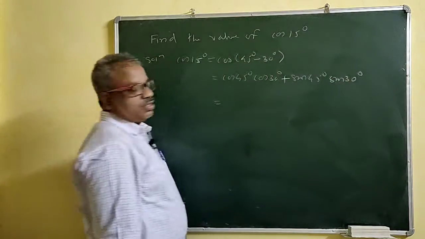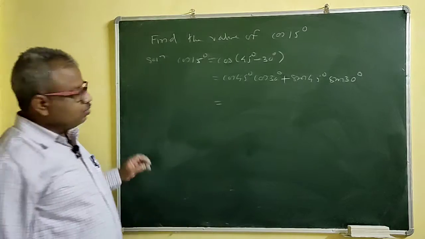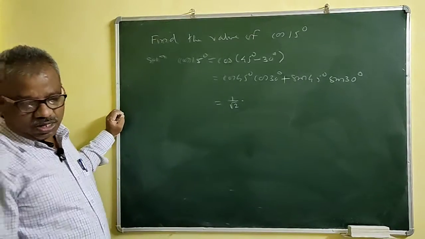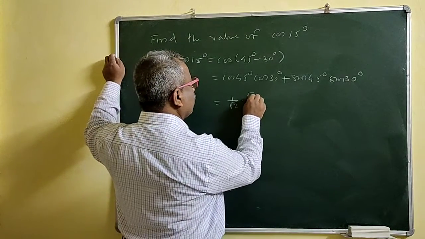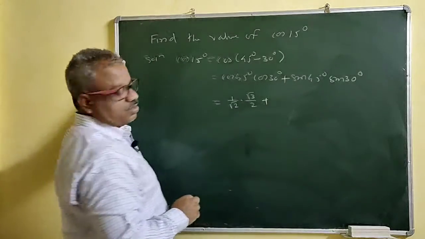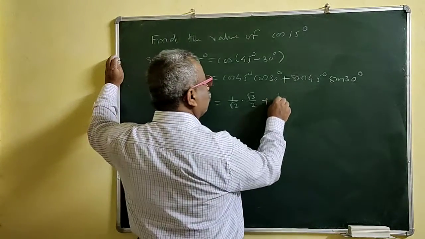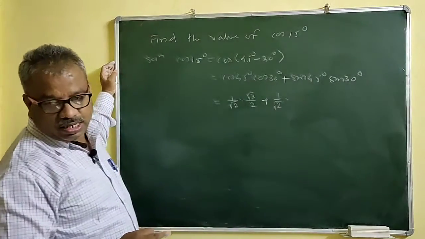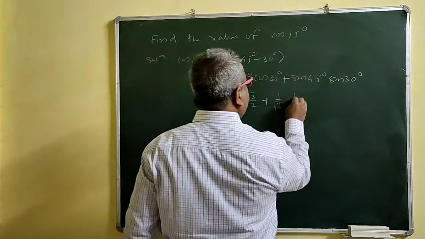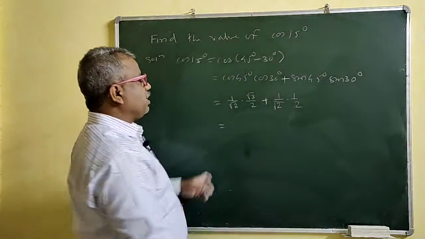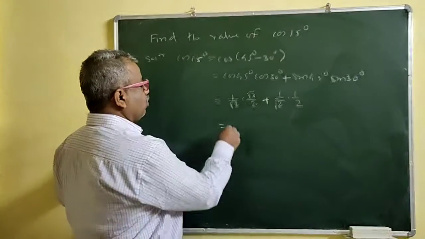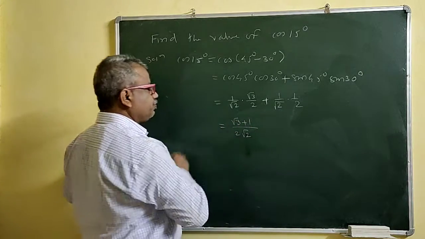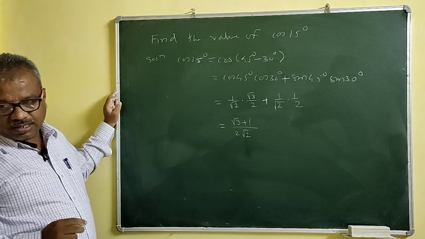Cos 45 is 1 by root 2, cos 30 is root 3 by 2, plus sin 45 is 1 by root 2, and sin 30 degree is 1/2, right? Now see, your denominators are the same, so I have to add the numerators, that is root 3 plus 1 upon 2 root 2, right? It will be the answer in the book.